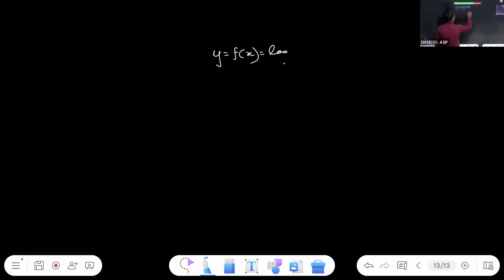If you take a negative value of x, the function will be undefined. This function is defined for positive values of x. Hence, the domain of the function is R plus, the set of positive real numbers, and the range of the function is R. Srijit, the domain of the function is R plus, and the range of the function is R. Okay.